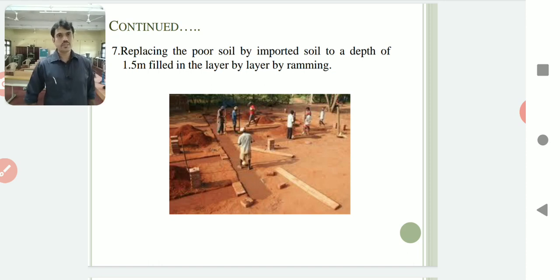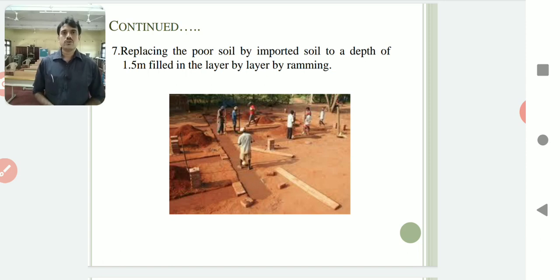Normally we replace black cotton soil or cohesive soil, there are different types of soils of cohesive nature. It will be replaced by imported soil like red soil, and red soil mixed with rocky type of soil is used, and this is the best method and it is even economical compared to other options.